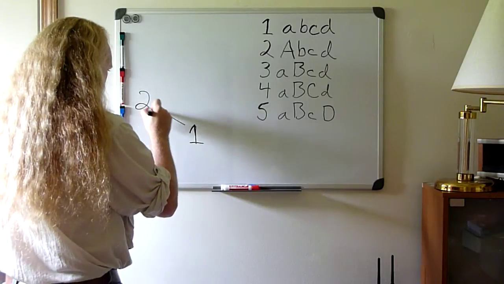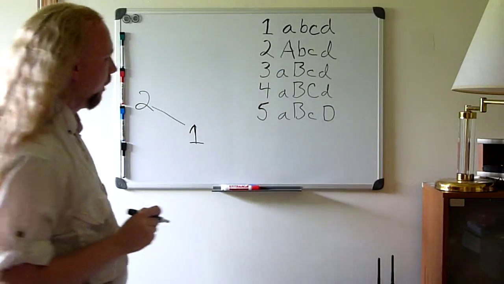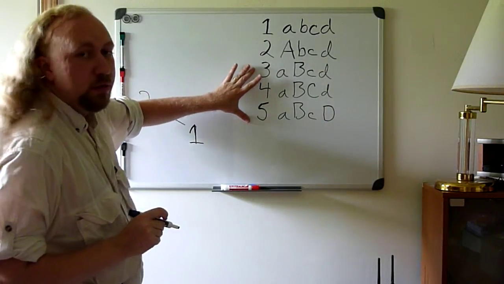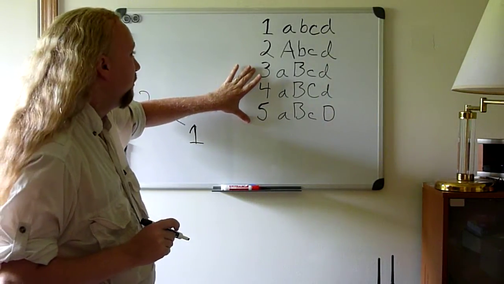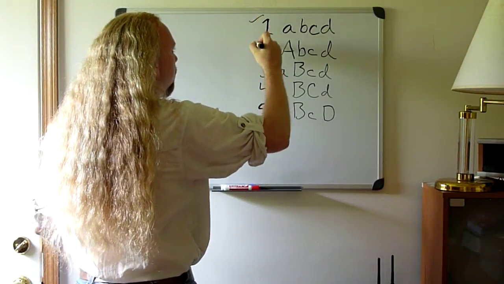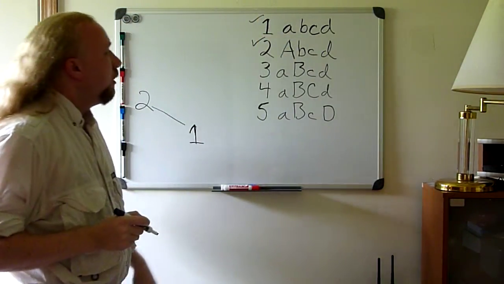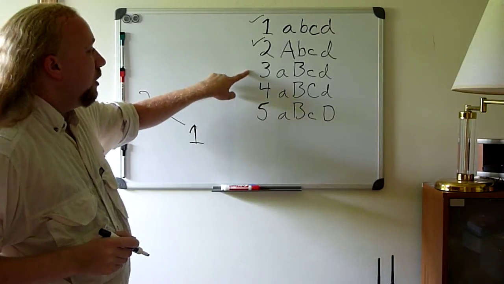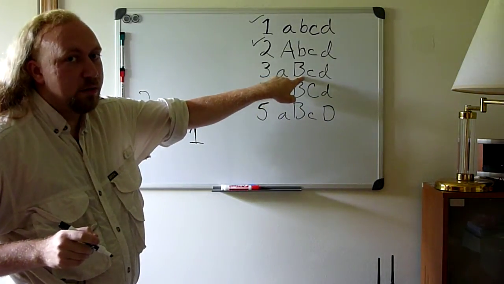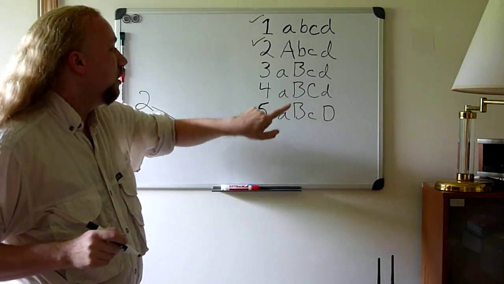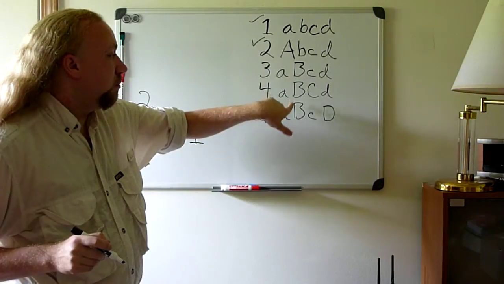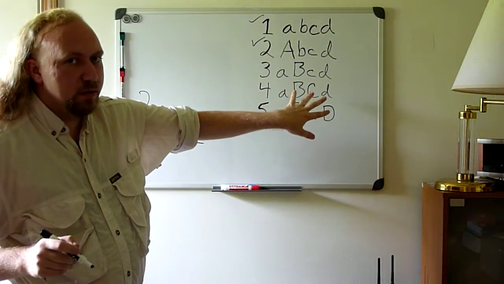Now I've got 3, 4, and 5 left. Organism 3 has only one derived trait. Trait B is derived. Now 4 and 5 also have a derived form of trait B, but they have other traits too.